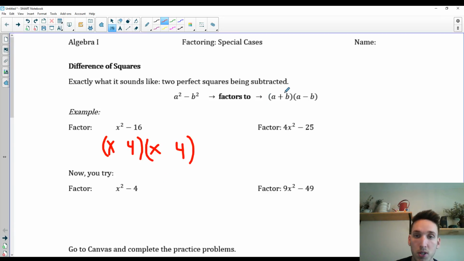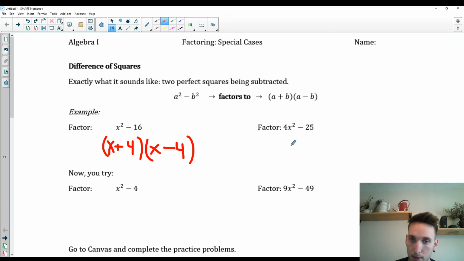And notice from the formula, one of those is going to be added. Sorry, that was rough, trying to draw with my mouse right here. One of those is added, and the other one is subtracted. And if you were to multiply x plus 4 times x minus 4, you should get x squared minus 16. If you don't believe me, try it out.